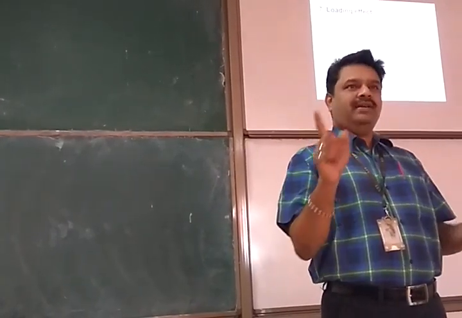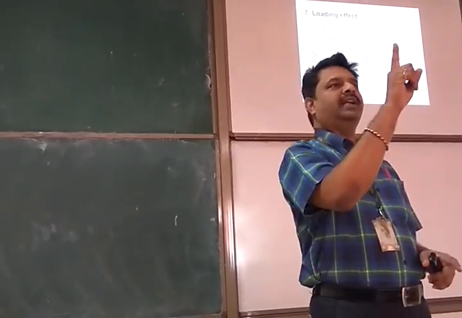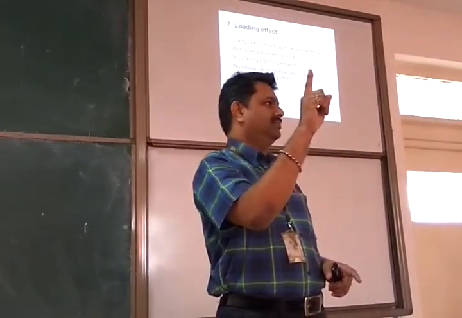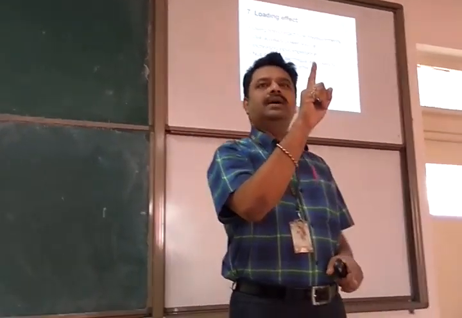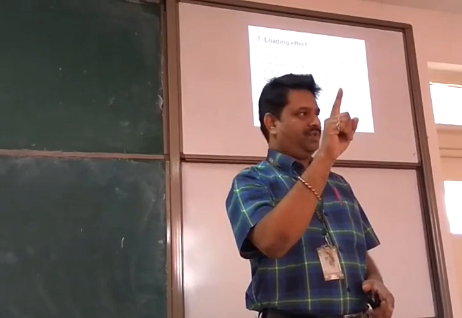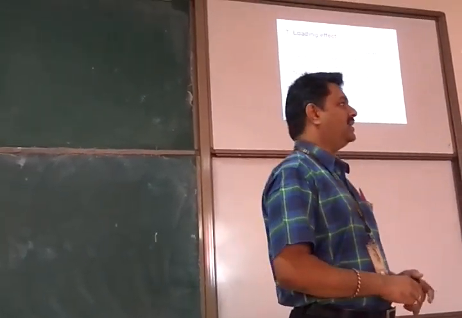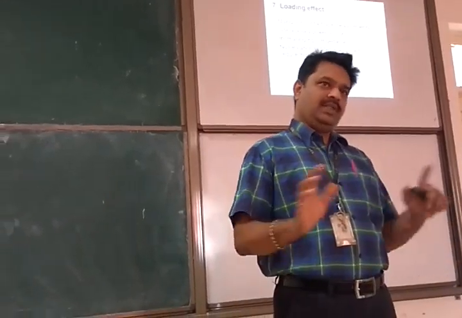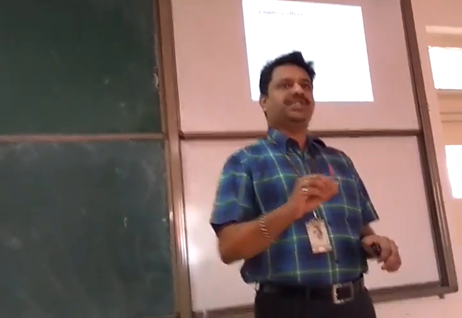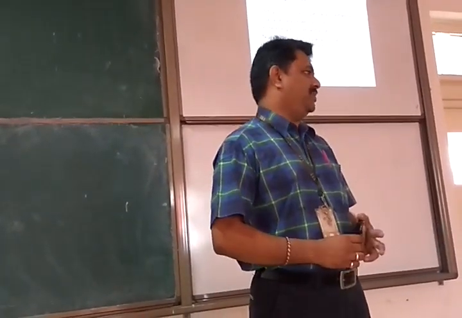So when measurement is made, the needle will be in zero position. That kind of instruments are called null instruments, null balance instrument. So when the instrument is in zero position, it is ready for taking measurement.